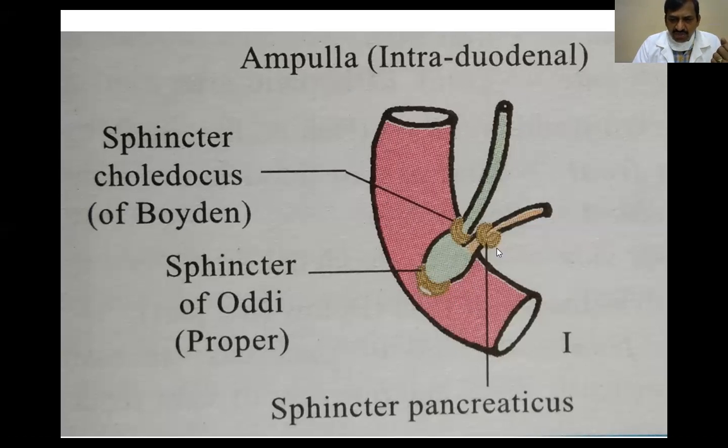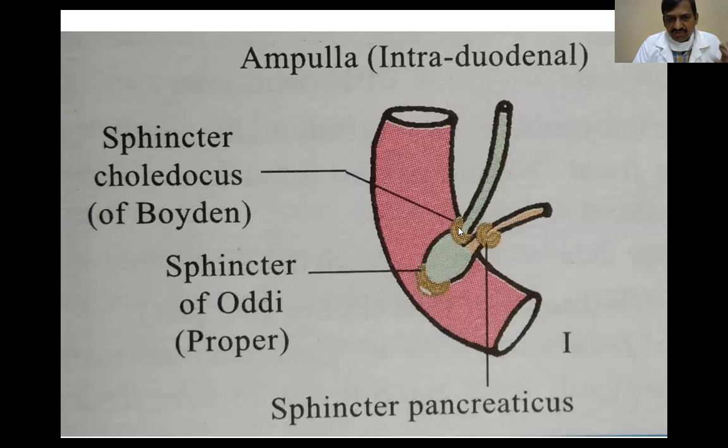Another sphincter is the sphincter pancreaticus. On most occasions, these together open into the second part of the duodenum, and they are guarded by another sphincter, that is the sphincter of Oddi. These sphincters are names that are very, very important in PG examinations.